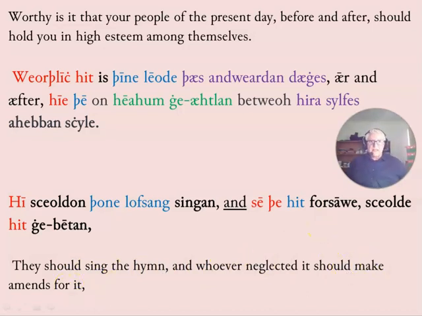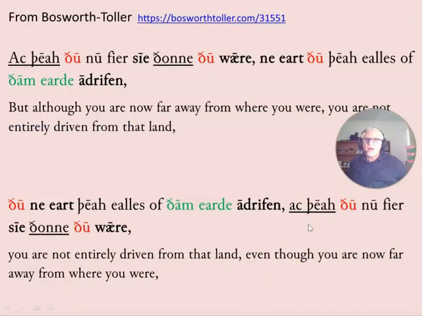Okay, so these two examples come from texts I have. Now this one comes from Bosworth Toller. You can find this reference here. Ac theag thu nu fiar sia thona thu wara ne erd thu theag elis of tham erde at the riven. Notice here, same thing.